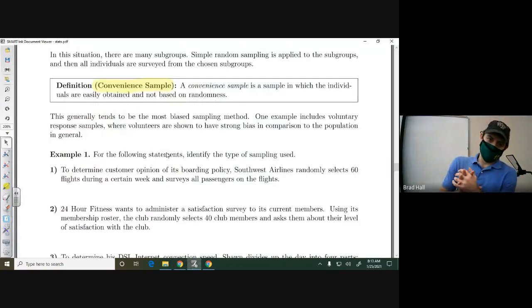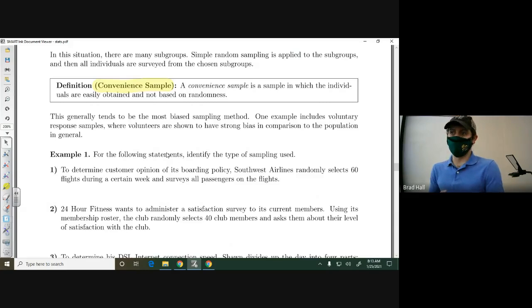To determine customer opinion of its boarding policy, Southwest Airlines randomly selects 60 flights and then surveys all passengers on the flights. Does anyone have any clue what form of sampling this may be?